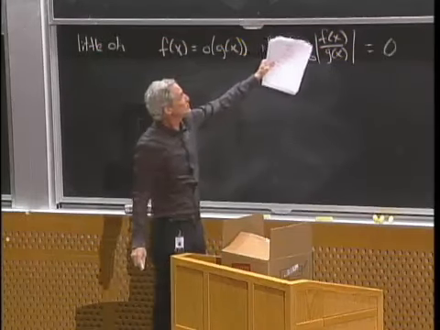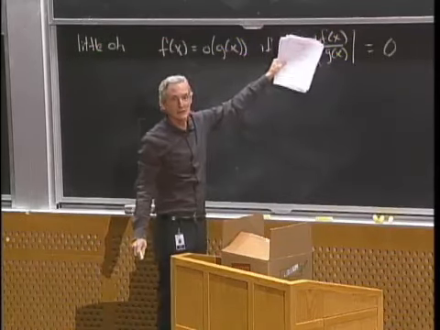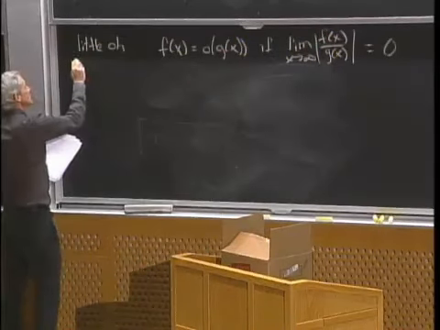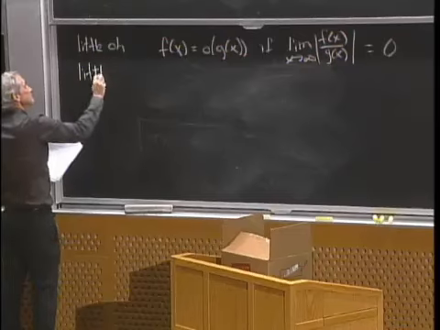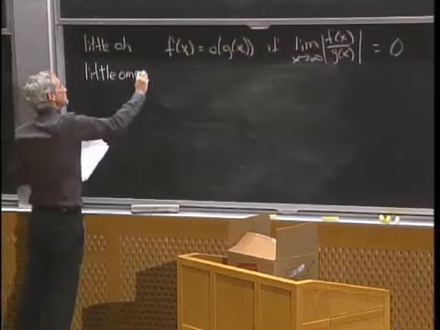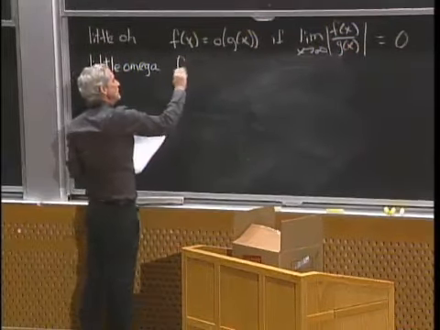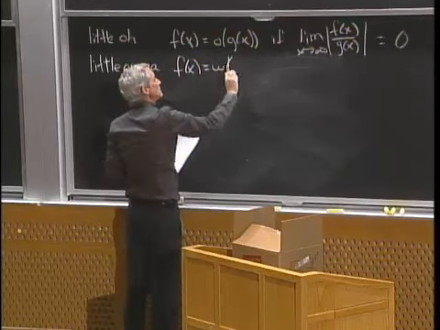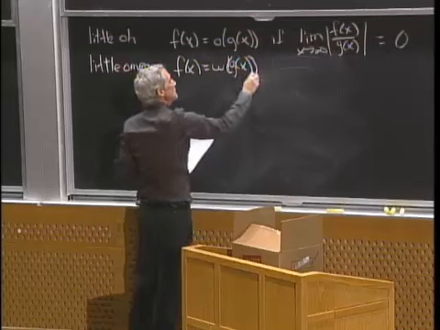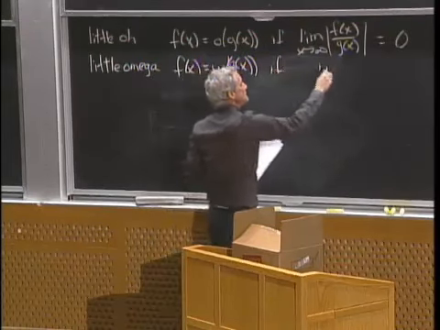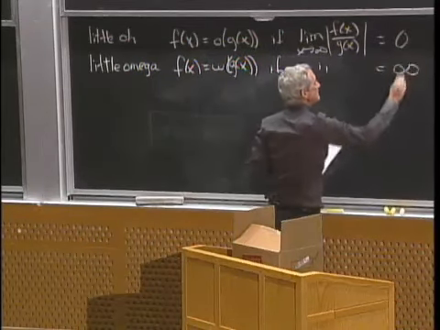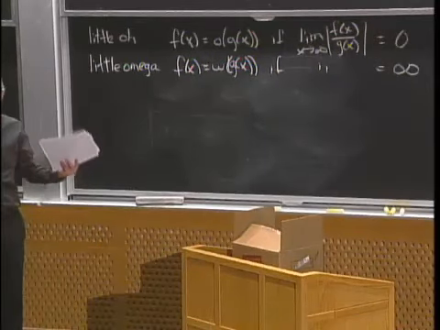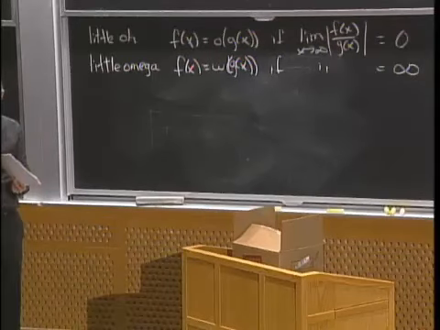So f is growing strictly smaller than g, so that when I take the ratio, the limit goes to 0. And the reverse is little omega. We say that f of x is little omega of g of x if this is infinity. Because now f is growing strictly faster than g, so I take the limit of the ratio, and it goes to infinity.